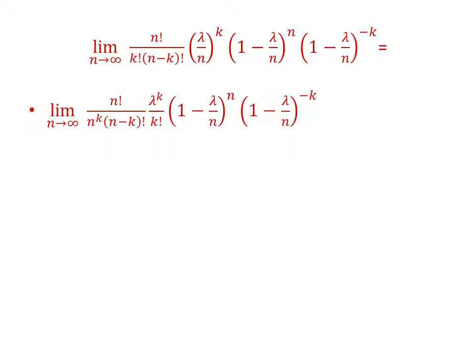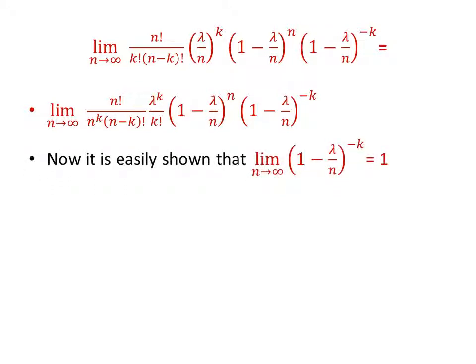Now what I'm going to do is, after I rewrite this expression as lambda to the k over n to the k, I'm going to switch out n to the k, which would normally go here, with k factorial, which normally goes over here. Just switch the two. The reason for that will become apparent in a moment.